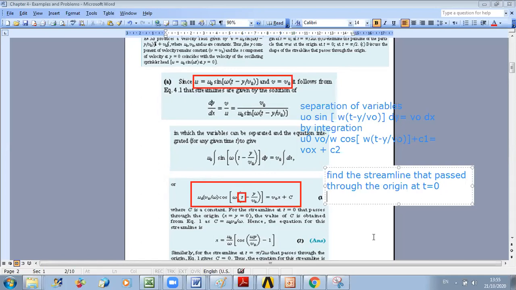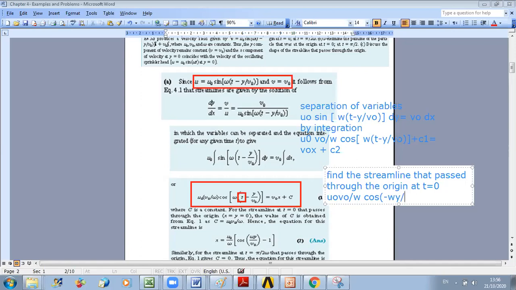So what is the equation of the streamline? It is u0 times v0 over omega times cosine of minus omega y over v0, because we replace t by its value, which is 0.